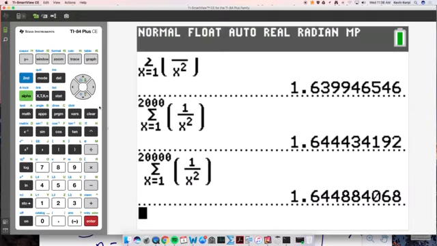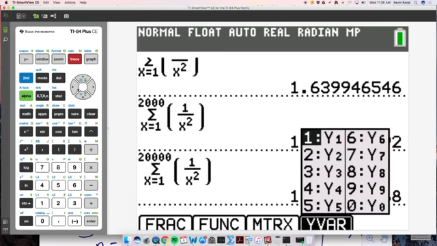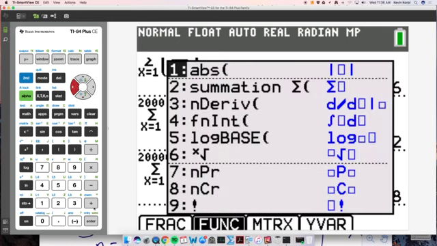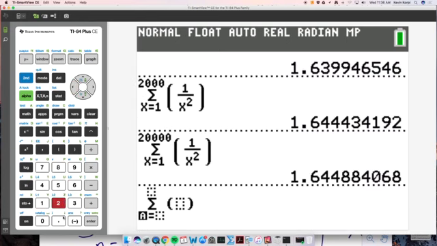Again, this is something that is kind of new to me, because I wasn't able to do this until I got MathPrint. So if I go to number 2, I could just type in x equals 1, 2, and of course we can't put infinity, but let's put 2,000. I don't want to wait too long. And then we'll type in our rule of sequence.